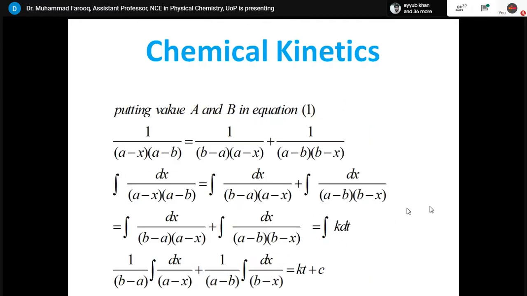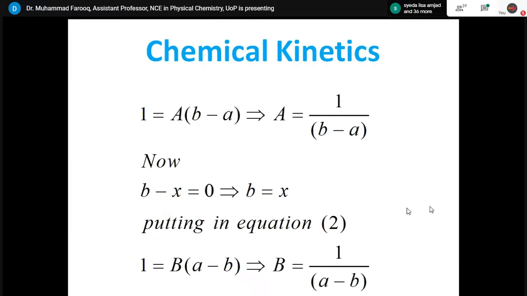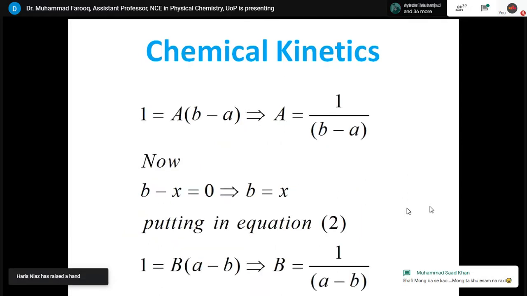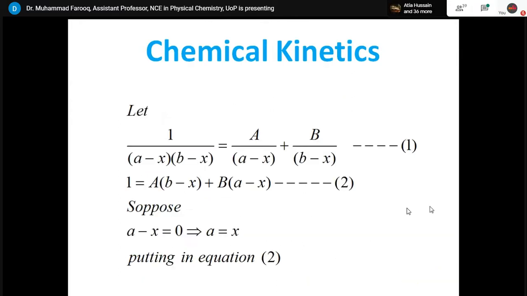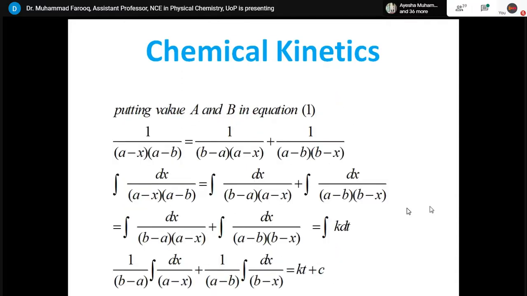Putting the values of a and b in this equation, you can see equation one: 1 is equal to a into b minus x. I told you a is a constant, b is a constant, so I determined the values of a and b. If we put the values of a and b, a is equal to 1 over b minus a, b is equal to 1 over a minus b. If I put the values in this equation, I can write 1 over a minus x into a minus b.